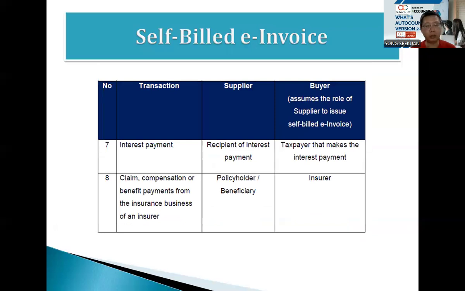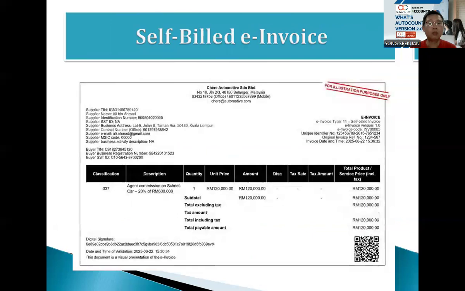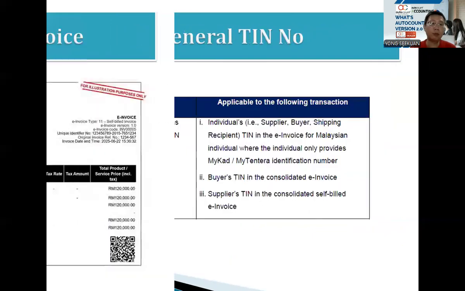Number seven and eight are claims and insurance payments, normally for the financial industry or insurance companies, so this one does not go through. The self-billed invoice format is the same as the standard invoice.